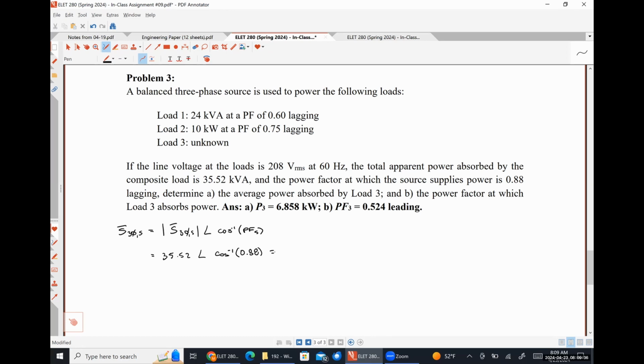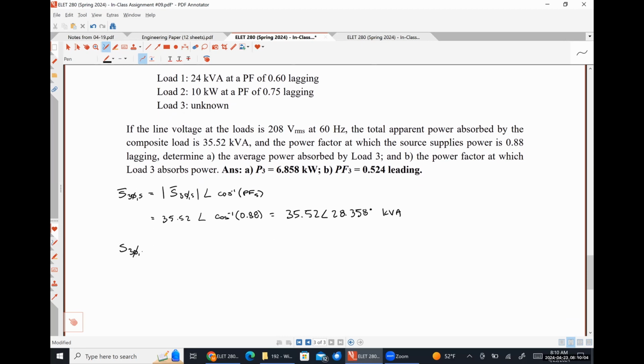And this calculator is set to give me answers in rectangular, which I hate. All right, so we get 35.52 angle 28.358 degrees kVA.